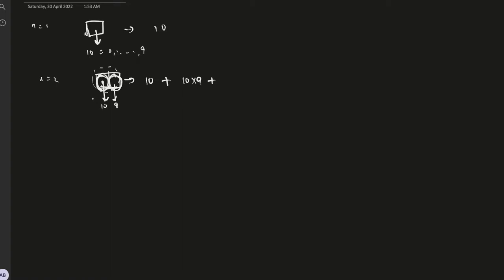This is the number of blocks of size 1 in this place. Similarly, we need to find it for this place, and the answer would be 10 into 9: 10 options for this and 9 options for this.